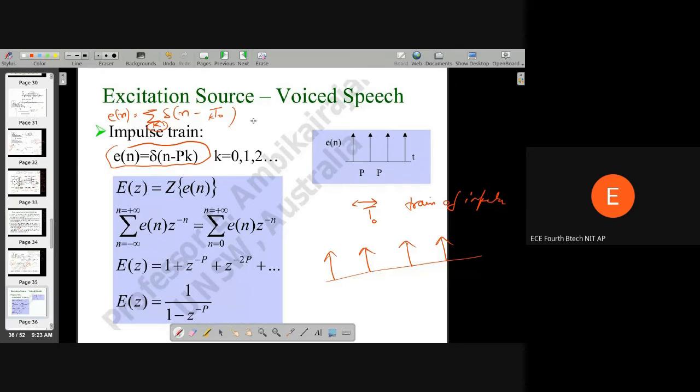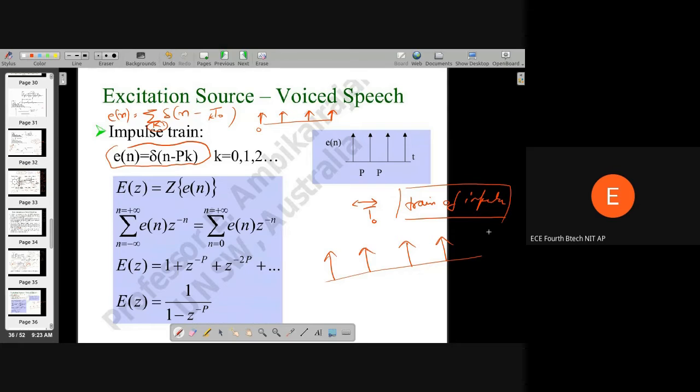So let's say if your frame size is around 3 T naught, 3 times your pitch period, then 0, 1, 2, 3 maybe it will have. So that's how it is. At those points, this is called your excitation, a train of impulses.